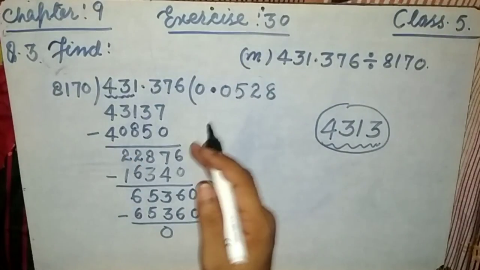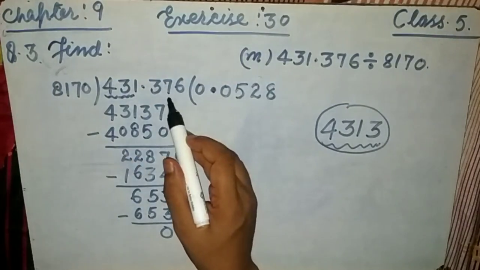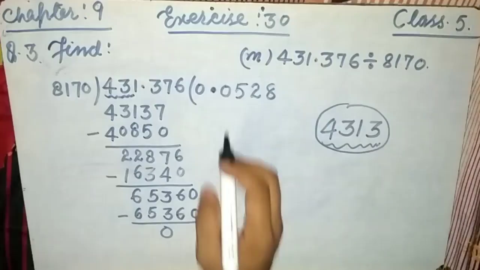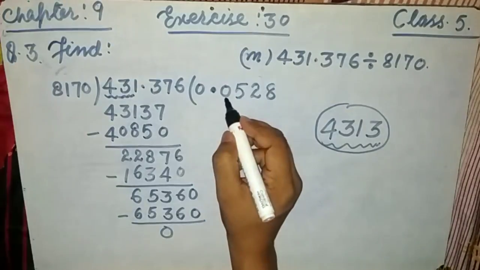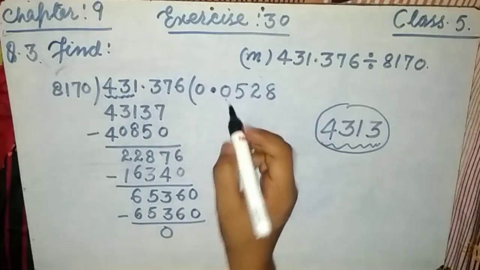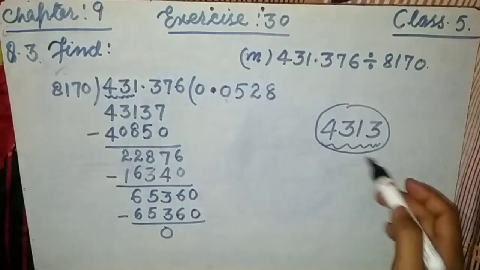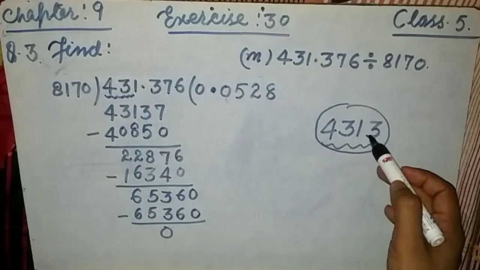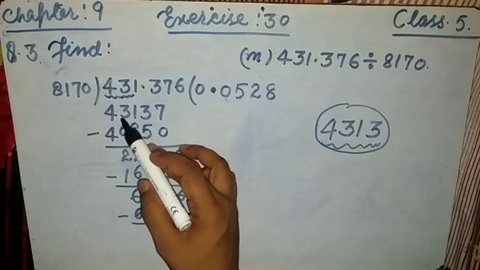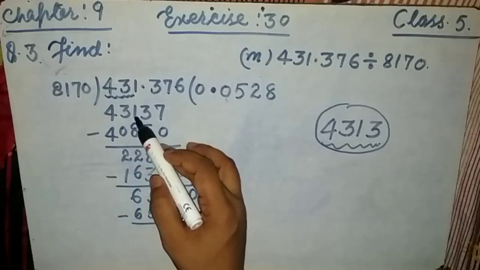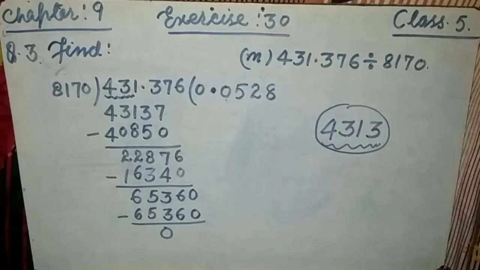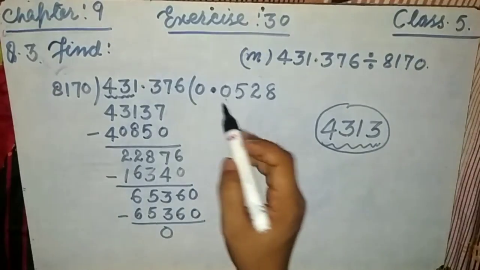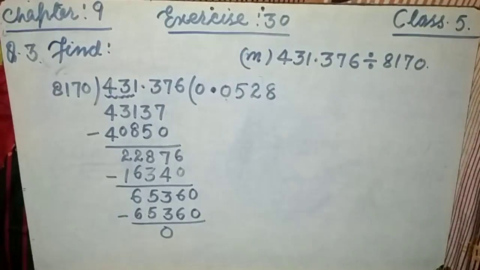So to combine one more digit, we have to place a 0 over here. Then we combine one digit to 4313, so this becomes 43,137.